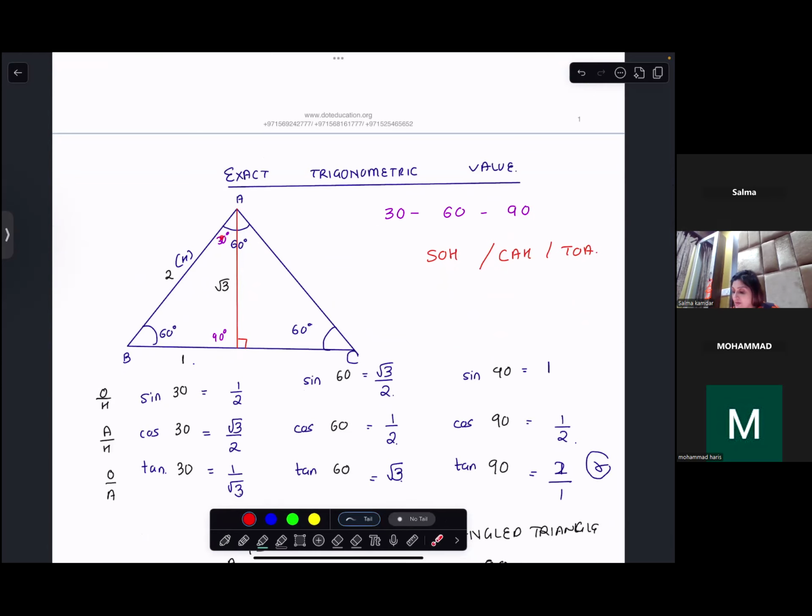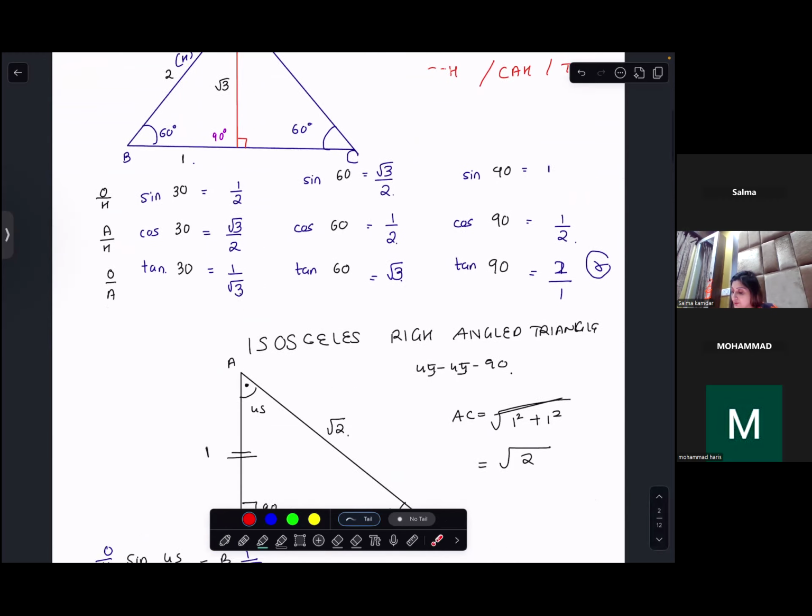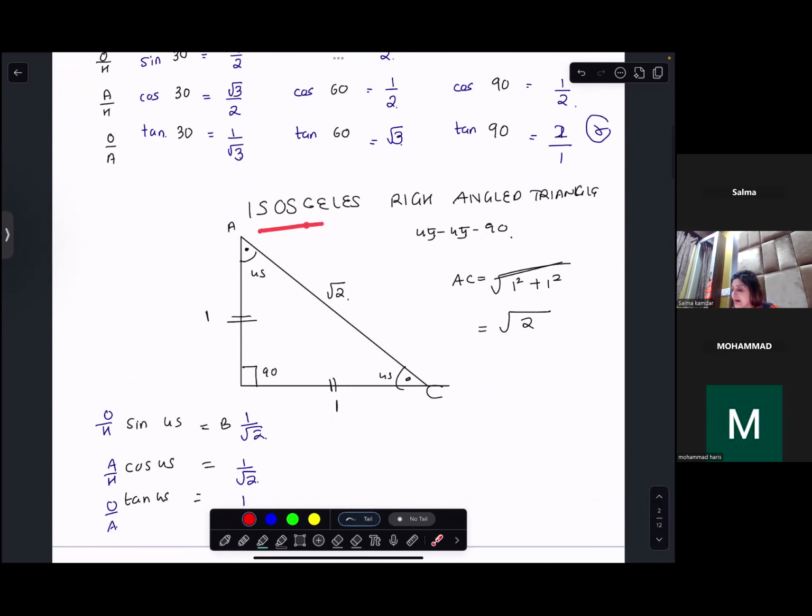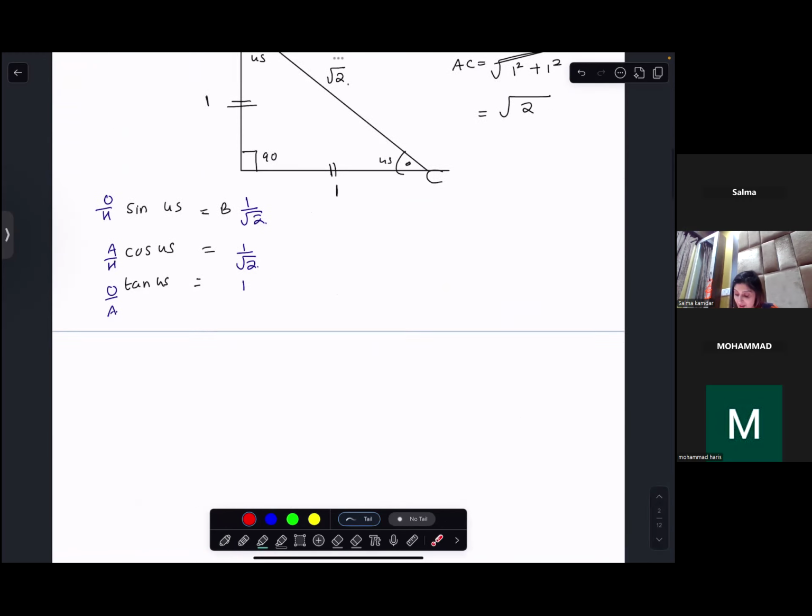Equilateral triangle. Opposite to 30 you will put 1, opposite to 90 you will put 2. If you don't understand, you will do it like this: 1, 2, and root 3. And for 45, you will go to the isosceles right angle triangle.